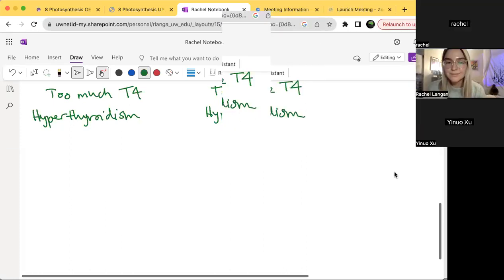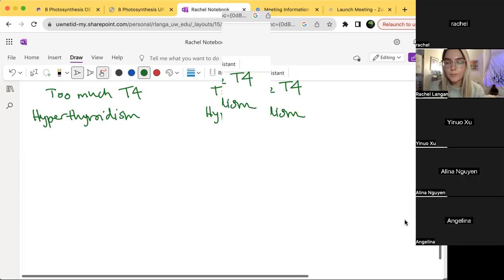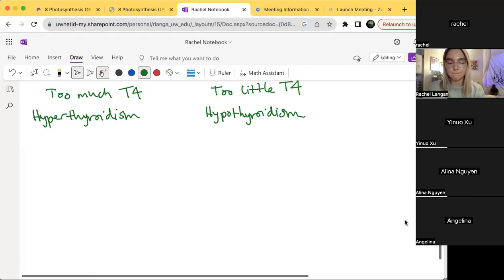Or is it because there's just more thyroglobulin being produced at a higher rate than it can be exocytosed? Yeah, so if you stimulate the thyroid too much, just by itself, too much stimulation can cause the thyroid to grow in size. It doesn't necessarily have to be a buildup of thyroglobulin.